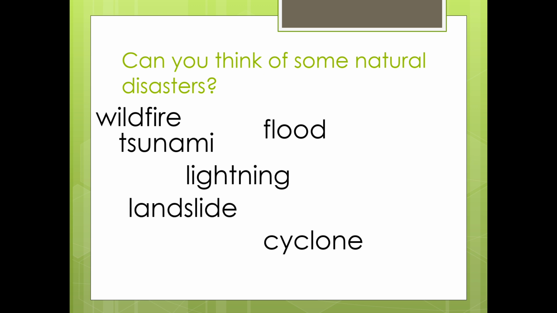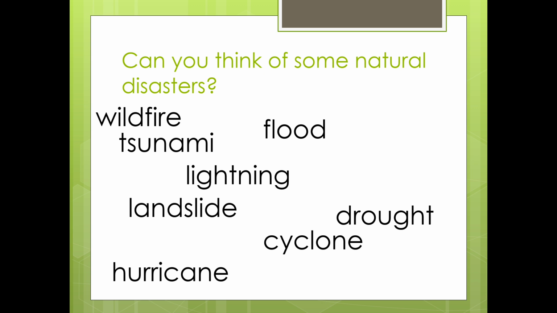Landslide happens when there is lots of snow and there are big blocks of snow, and these blocks slide on one another, or sometimes they fall from the mountains and hurt people. Hurricane is a stronger cyclone. Drought occurs when there is no rain over a long period of time. Storm you are all familiar with.